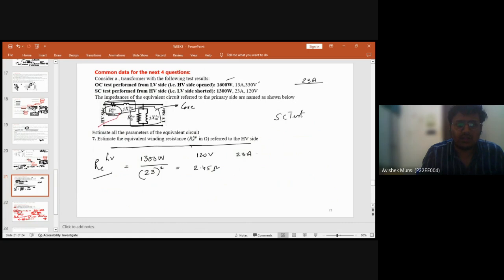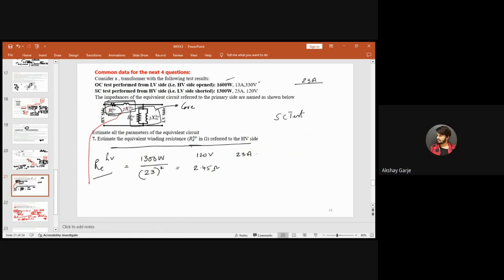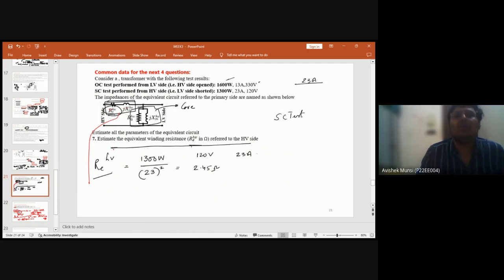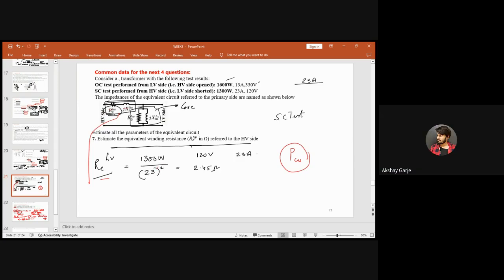From the short circuit test, we are able to get these parameters. Correct, sir. So why are we not going to take the full load current? Because we are not required to calculate the copper loss. We are asked to calculate the parameter. So the parameter should depend upon the short circuit current and short circuit voltage. Yes, sir. Got it. So we are just calculating the parameter. That's why we are not taking full load.